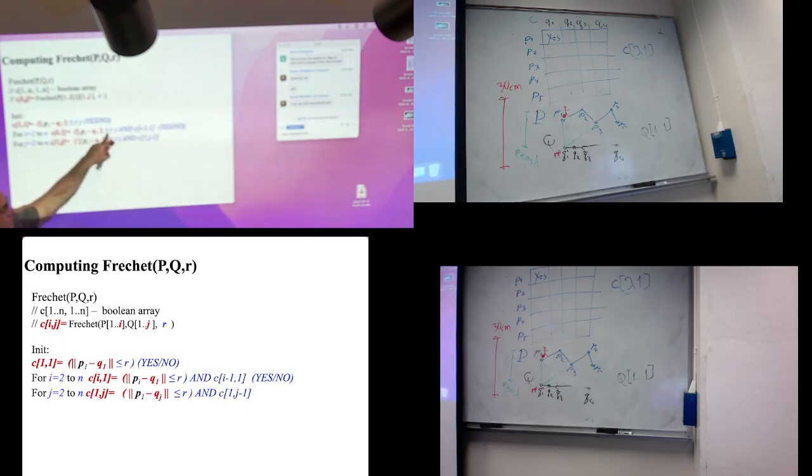So how can I write it efficiently? Is the distance from Q1 to Pi. If you didn't understand it by now, when I write Pi minus Qj, Pi and Qj are points, and Pi minus Qj is a vector. When you put the bars over here, it says that's the length of the vector, that's the distance, Euclidean distance.